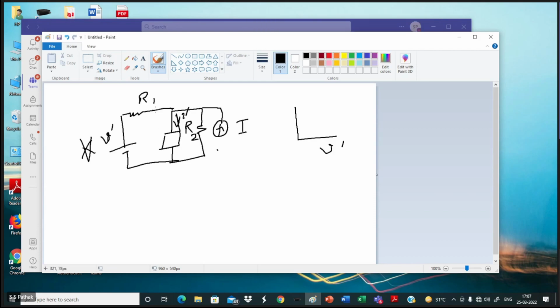It will be one current through this, one current through this. This current will now be changing according to this V dash and this I dash. V dash and I dash will change this current. When this current is changed, your characteristic will be changed according to the VI characteristic that is given to you.